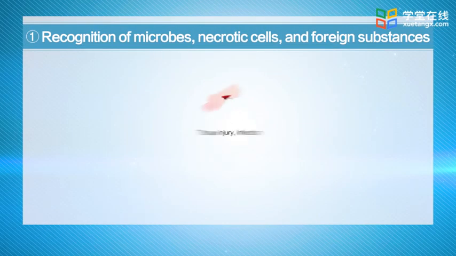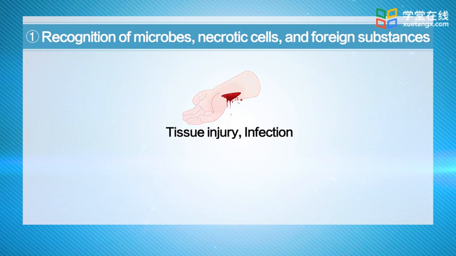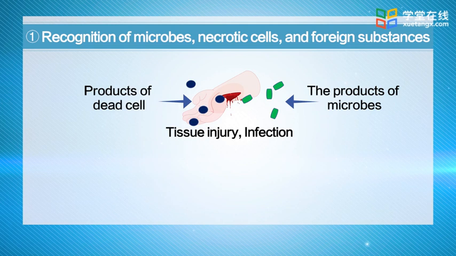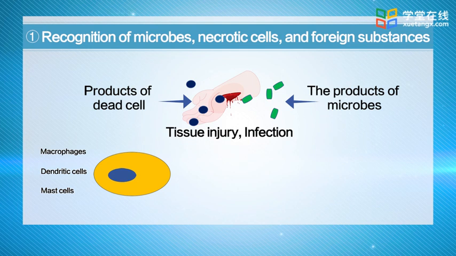First, I'll introduce recognition. When tissue is injured or infected with microbes, for example, caused by a cut on the skin, the products of microbes or dead cells would be recognized by the tissue sentinel cells, mainly macrophages, but also dendritic cells, mast cells, and other cell types through cytoplasmic and plasma membrane receptors.